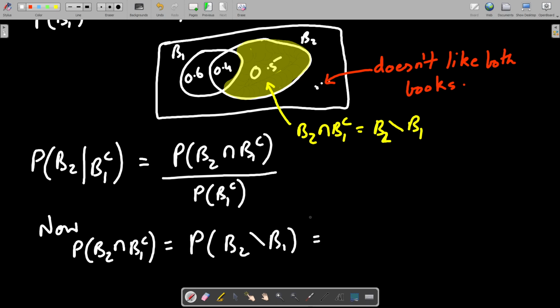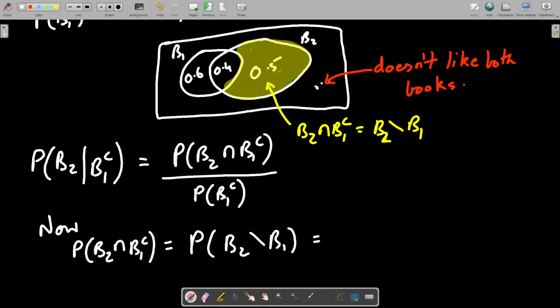What is this yellow region measured as? Do you know how many people are there in B2? We don't know the number, we know the probability only. So what is the probability of entire B2? 0.5, right? How many people are there in B2 which are also a part of B1? 0.4, no? So how many people are only in B2? That will be 0.5 minus 0.4.